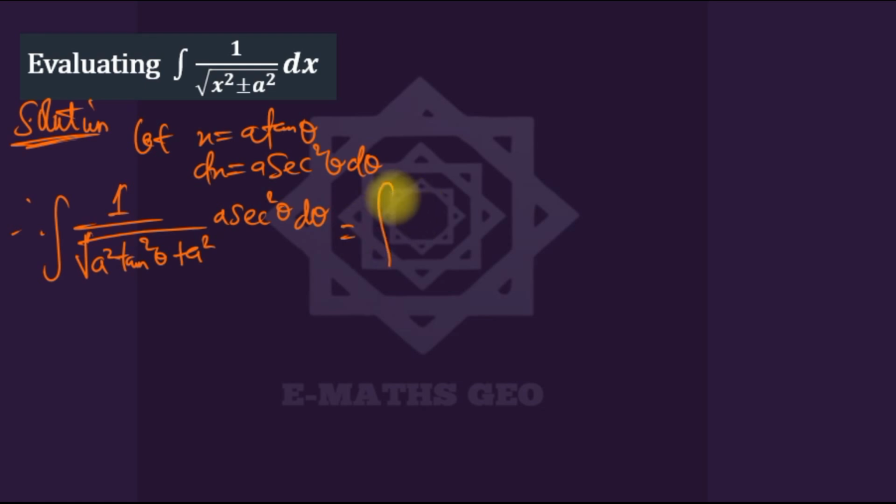So which is now the integral of 1 over, we'll factor a squared, 1 plus tan squared theta, times a sec squared theta d theta.